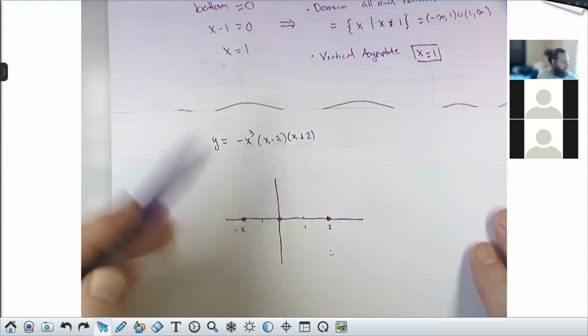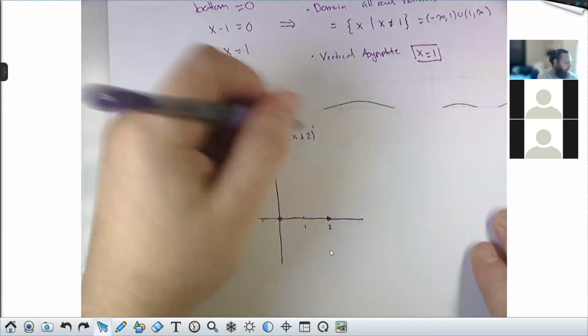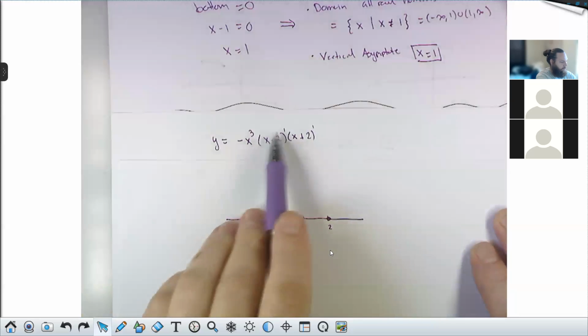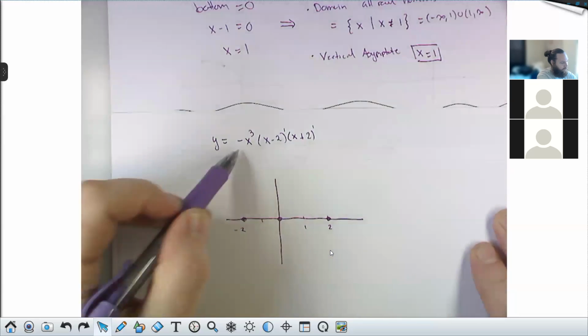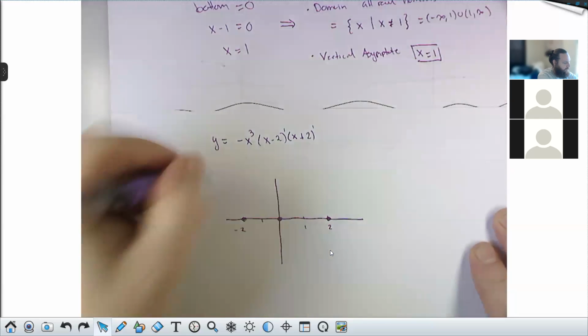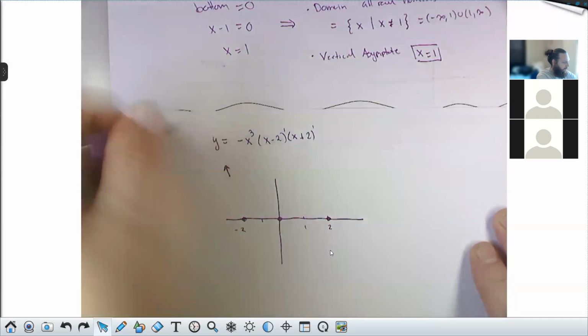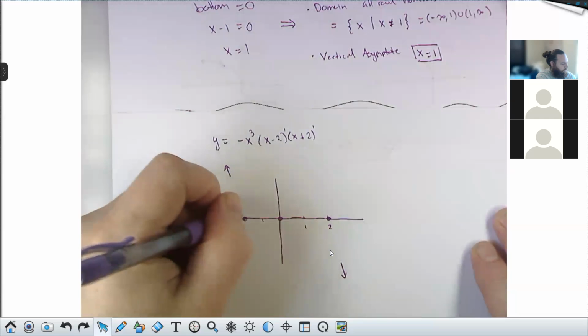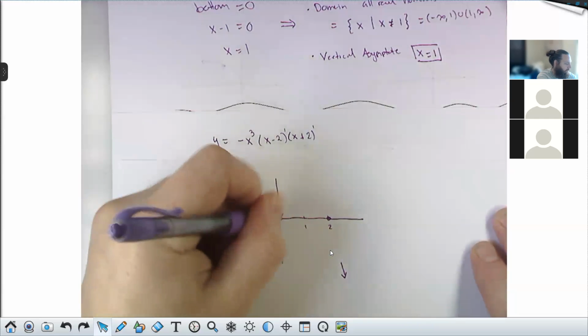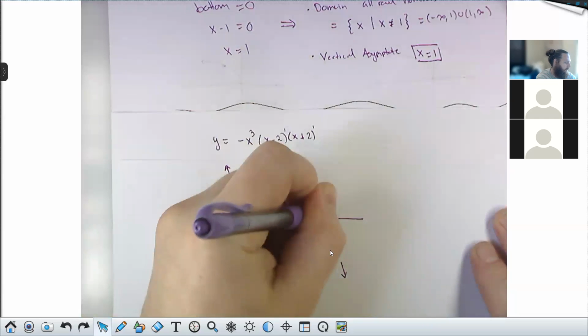The degree of this polynomial is the sum of the multiplicities. That's 3 + 1 + 1 is 5. So that's an odd degree. And the lead coefficient is negative. That tells you that your end behavior is up on the left and down on the right, which now allows you to fill in these guys.